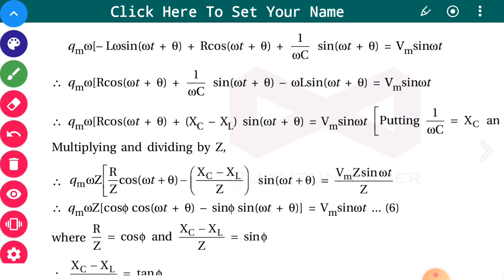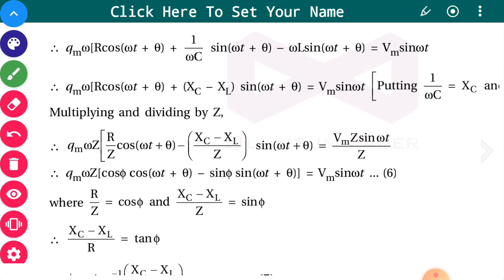Now we divide the whole by the term Z. We are dividing it by Z and multiplying also by Z. So Qm omega Z, here it becomes R upon Z, here it becomes XC minus XL upon Z, here there is plus, so here also there will be plus.